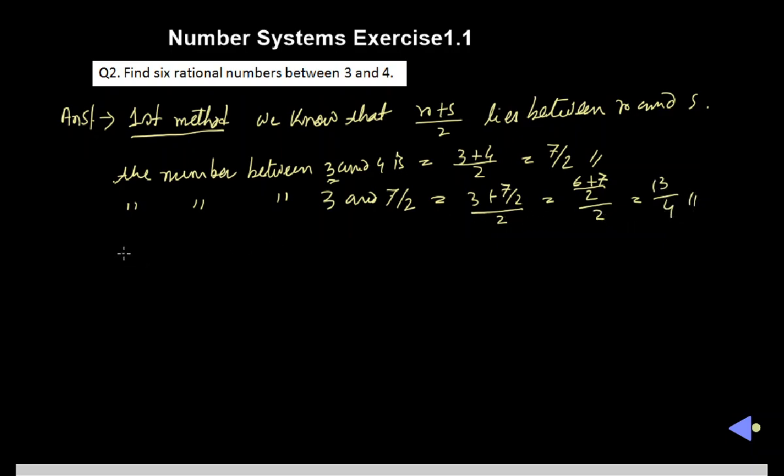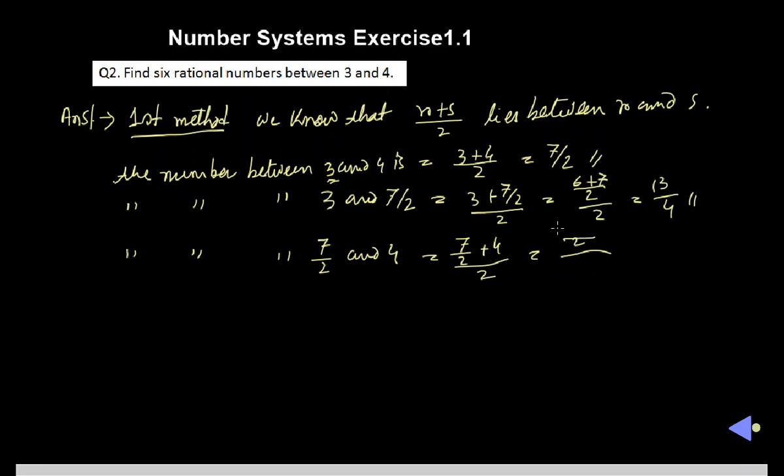Next, third, suppose we find the number between 7 by 2 and 4. So 7 by 2 plus 4, divided by 2. Here again 2 is the LCM.